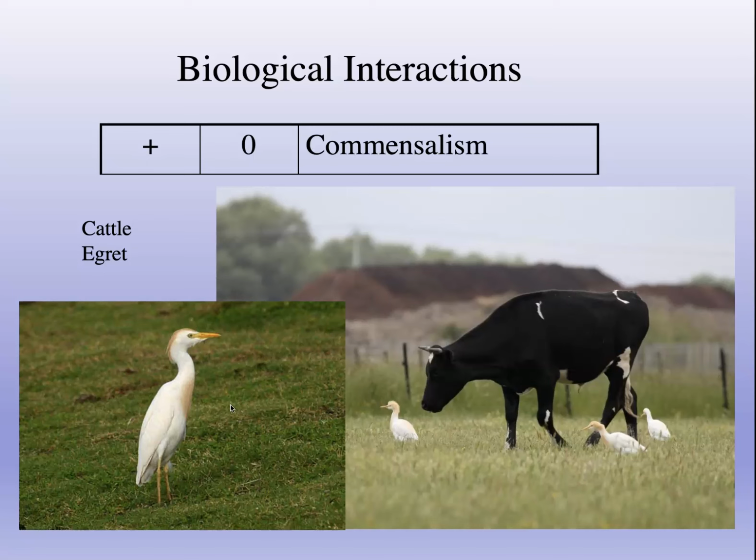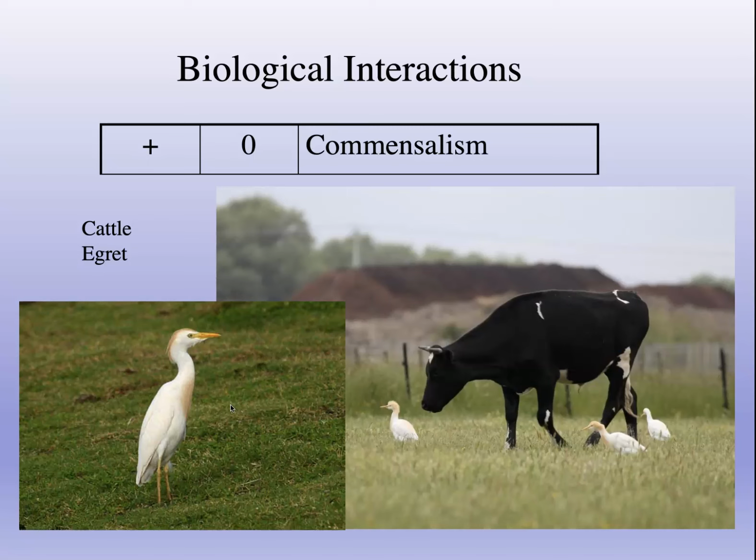I believe it was early last century, in the early 1900s, a small flock of cattle egrets were blown across the Atlantic in a storm and landed in Central South America. Settled there, and the population started to expand. So it was a natural colonization of the New World. And now they're up here in North America around our cattle, and they're in South America too.